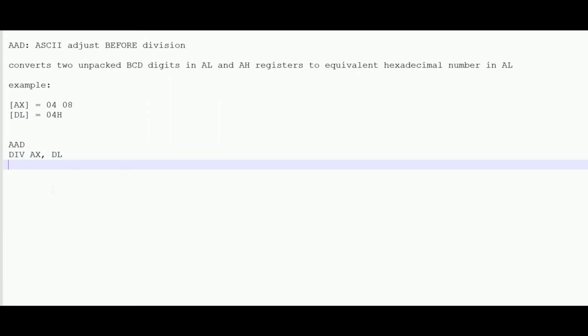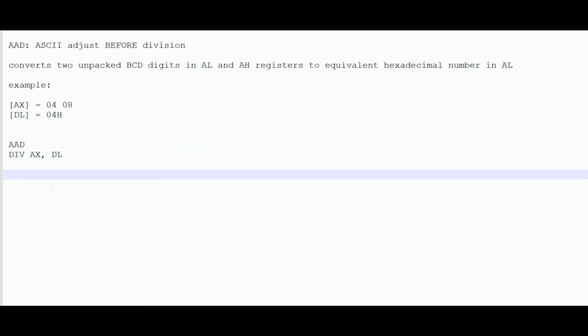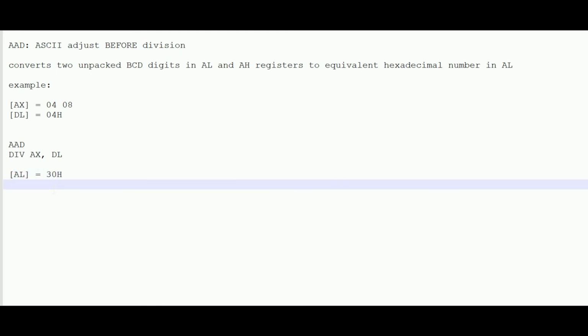If you calculate the equivalent hexadecimal of 48, you will get 30H. The content of the DL register is already 04H.